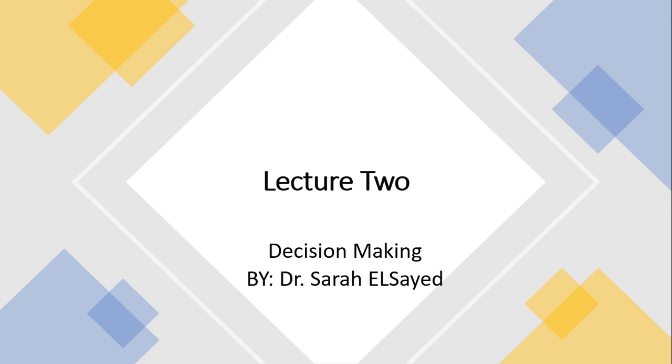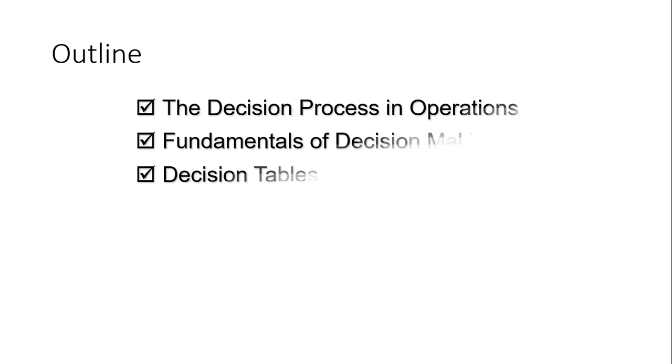Today we'll have a new topic, which is decision making. Decision making is very vital to explain, to learn how to make a rational decision through using mathematical ways or different mathematical models. Our outline will be the decision process in operations, fundamentals of decision making, and how to make a decision table.